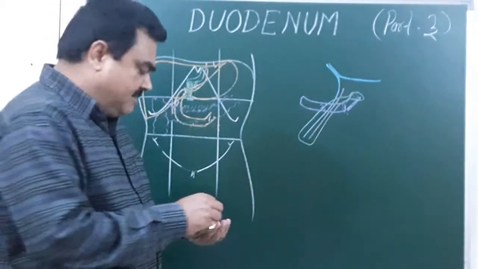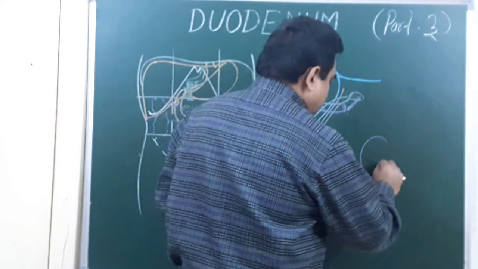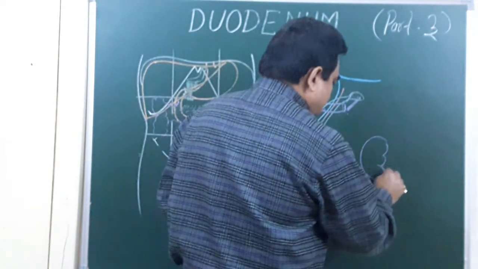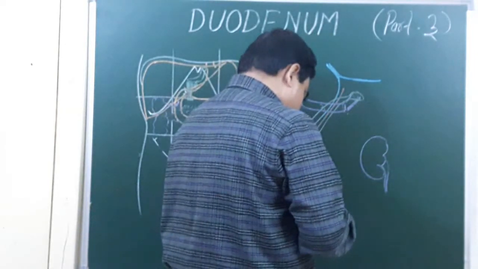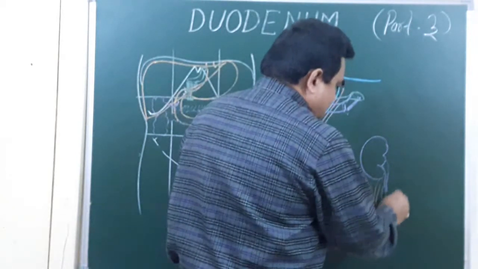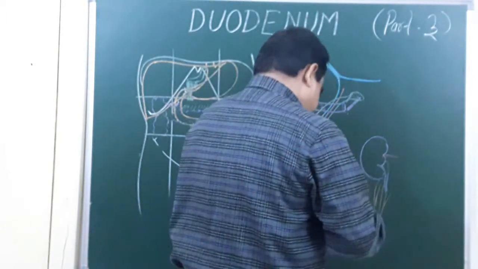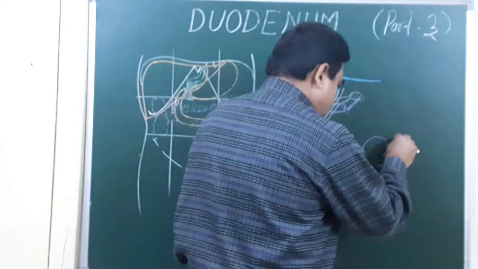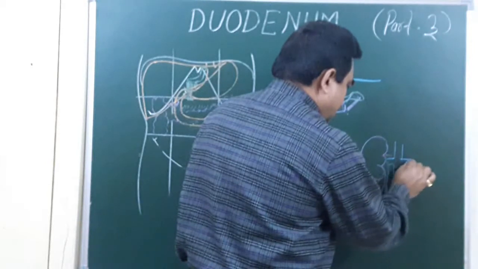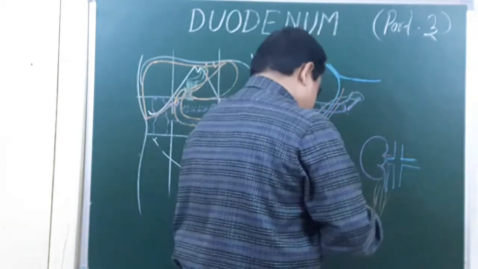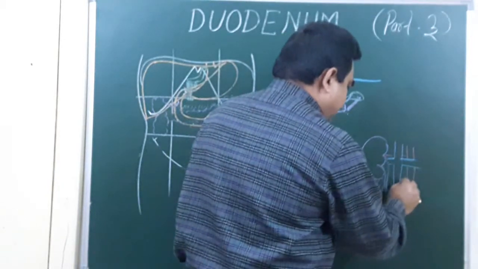Now the posterior relation of the third part. Here you can see the right kidney, ureter, psoas major, renal artery, renal vein, and abdominal aorta.